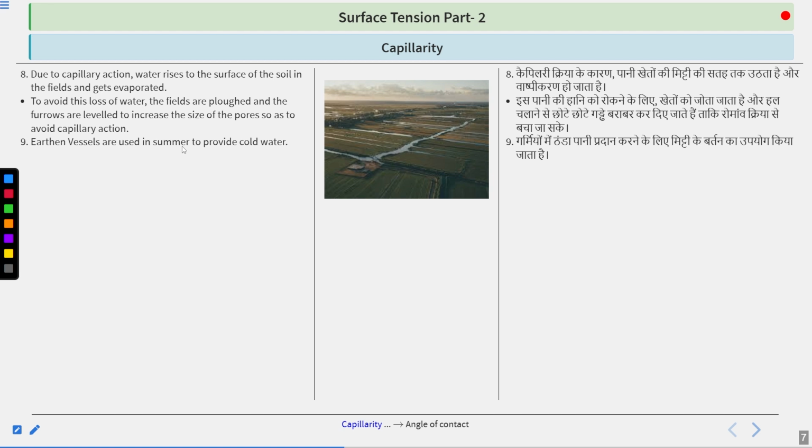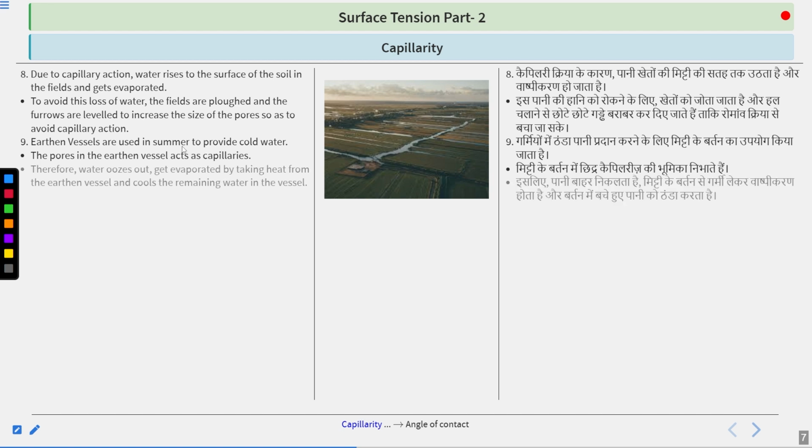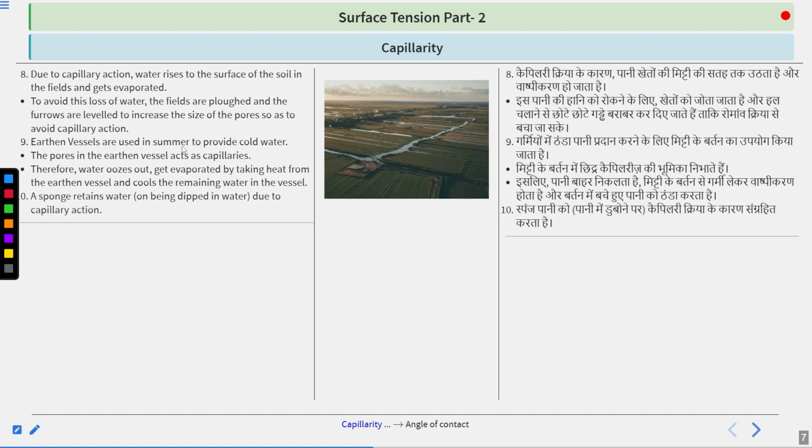Earthen vessels are used in summer to provide cold water because the pores in the earthen vessels act as capillaries. Therefore, water oozes out, gets evaporated by taking heat from the earthen vessel, and cools the remaining water in the vessel.